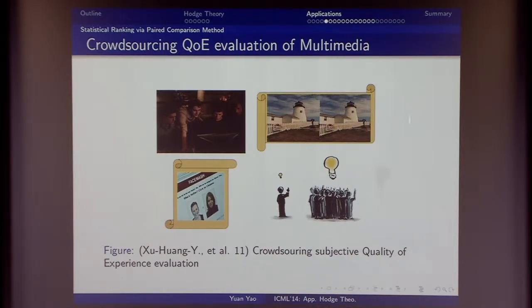Those multimedia contents may be the same, but companies want to know if we adopt certain data compression technology, how the video content looks good or bad for the reviewers, for the crowd on the internet. So basically, they adopt crowdsourcing quality of experience experiments to evaluate how the technology looks good or bad. This is another resource for pairwise comparison with crowdsourcing experiments that has emerged recently.